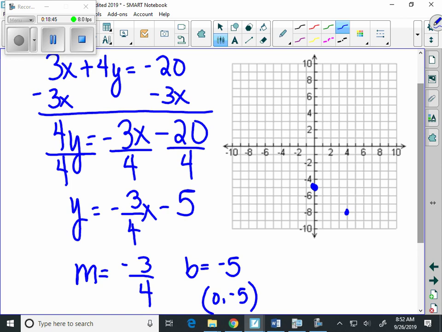We went down 3 and to the right 4, but remember, we could also go the other direction. We could go up 3 to the left 4. And here is the graph of our line.